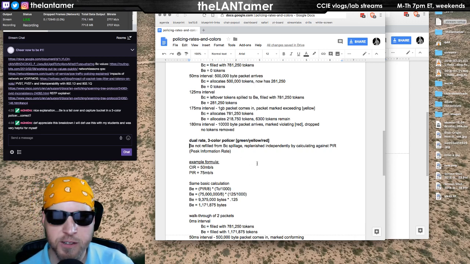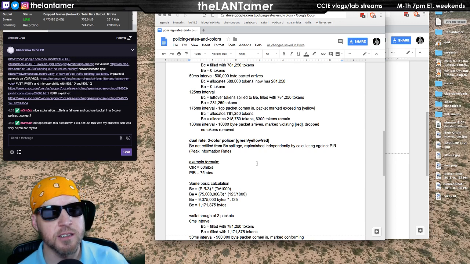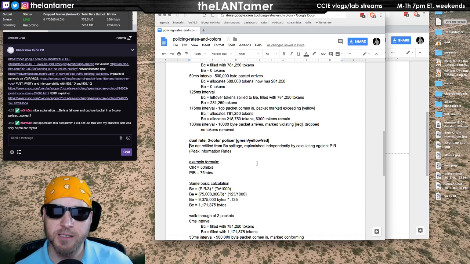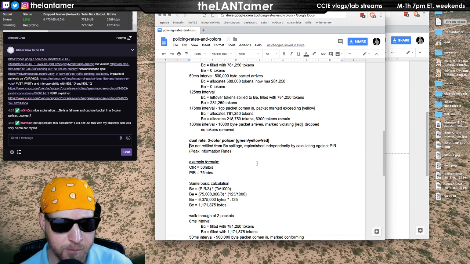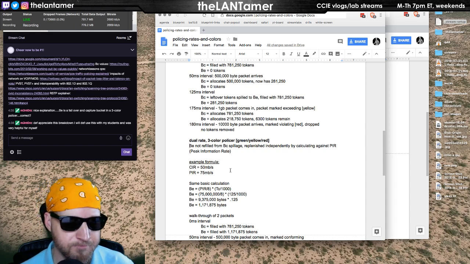Let's say we got 100 customers coming off this gear, and we're oversubscribed. We can guarantee a committed information rate of 50 megabits per second for each customer, but we can't really afford for everybody to do 50 megabits per second burstable, or 100 megabits per second burstable. So what we do is dual rate.